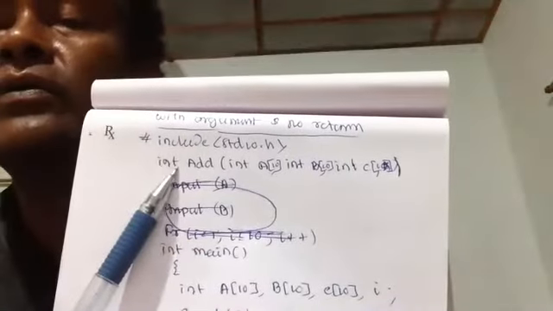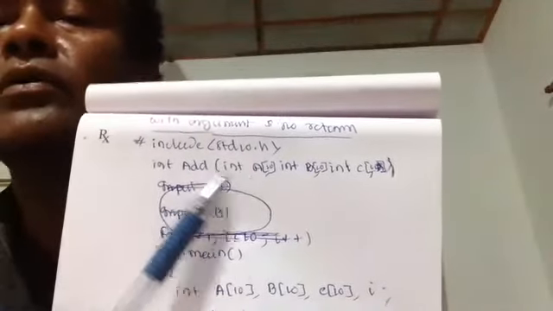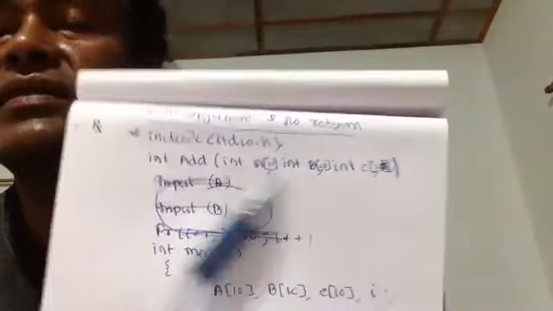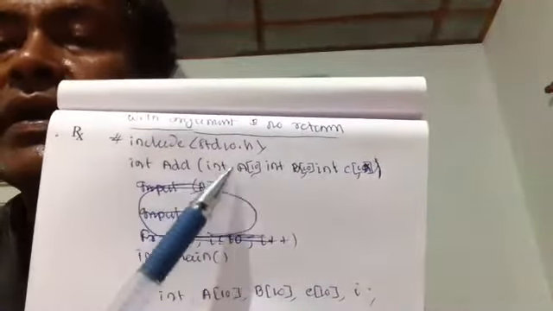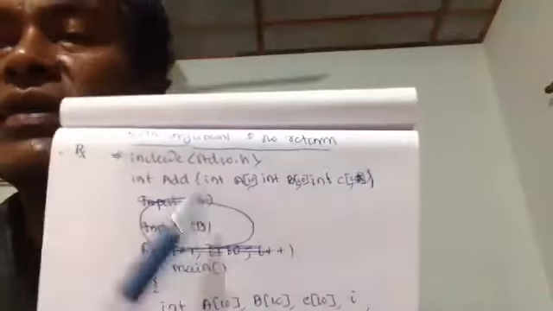In this program, I go for addition of 2 matrices. Not matrices, but single dimensional arrays: int A[10], int B[10]. You add them and store in C. So our arguments will be int A[10], int B[10], and int C[10]. With argument means I have this argument.